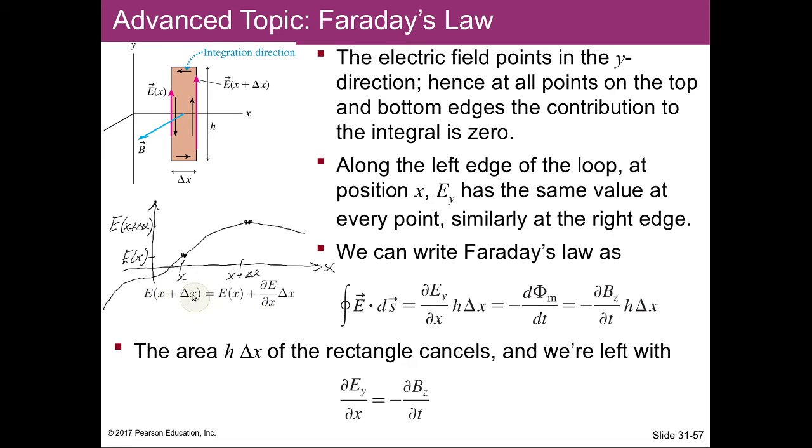So the field a small distance away from another point is going to be what the field is at this point plus delta x times the slope of the graph, right? For a straight line this would be an exact expression.